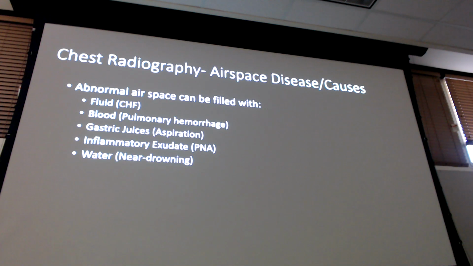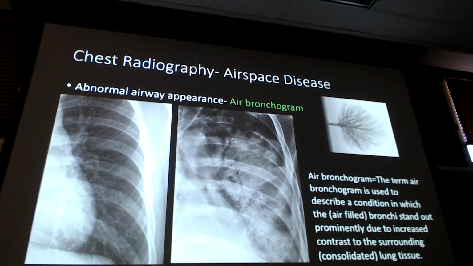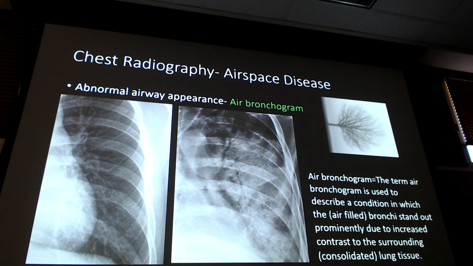Now for those of you who said I was crazy, and you didn't see that air bronchogram, here's one that's a little more prominent. Okay, now notice what happens on x-rays sometimes, especially chest x-rays, when you zoom in a bunch. The image gets really grainy and pixelated. But it really shows that air bronchogram really, really well.